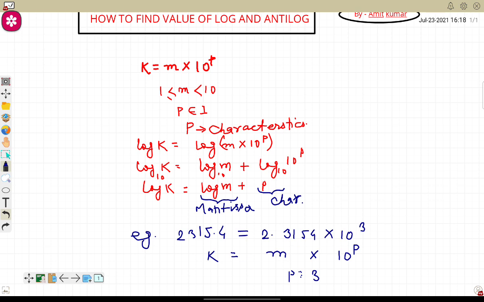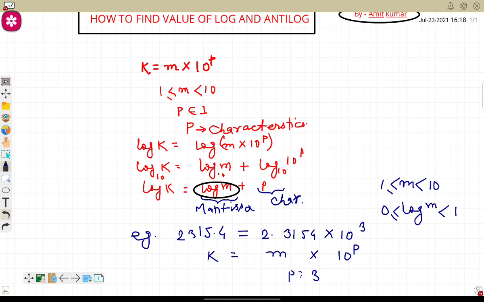Whenever we find the value of log m, if m lies between 1 and 10, then log m lies between 0 and 1, because log 10 base 10 is 1 and log 1 base 10 is 0.